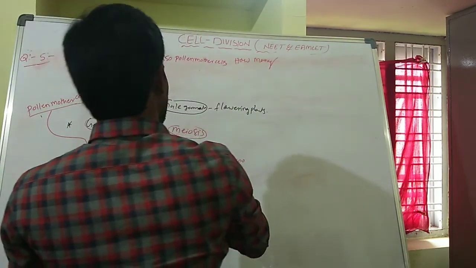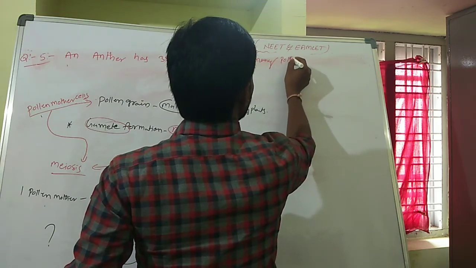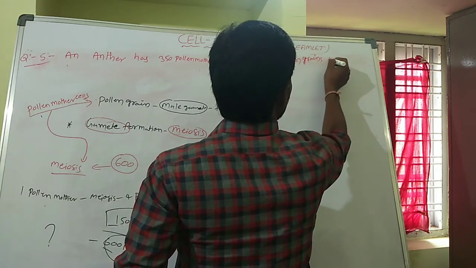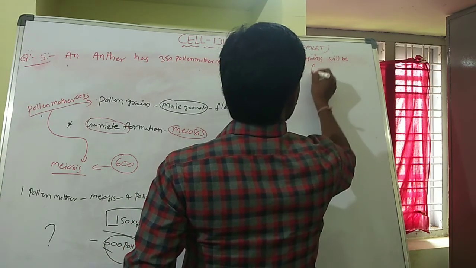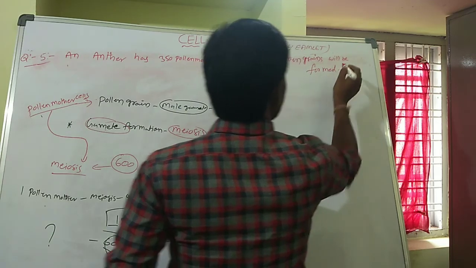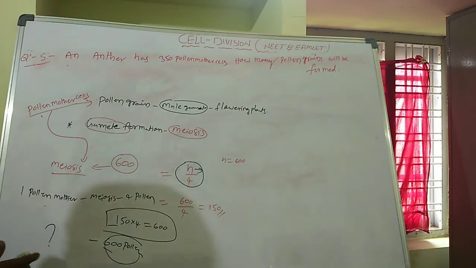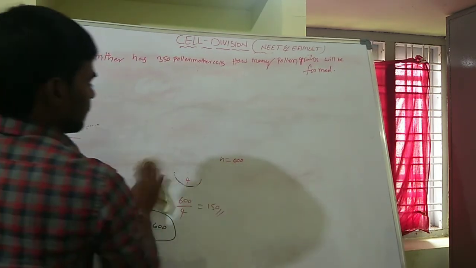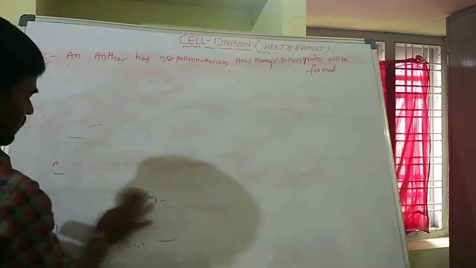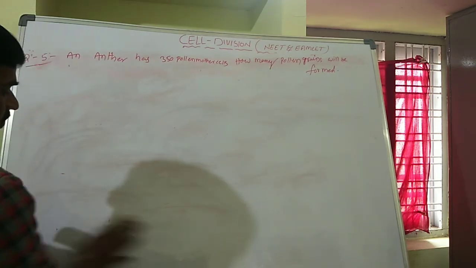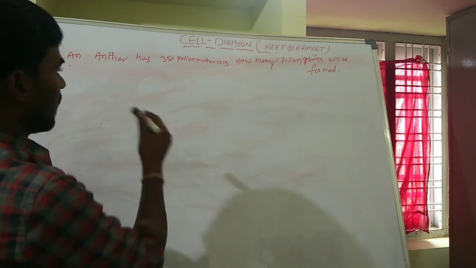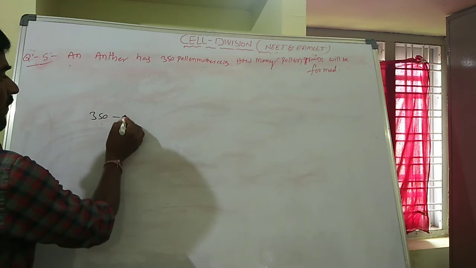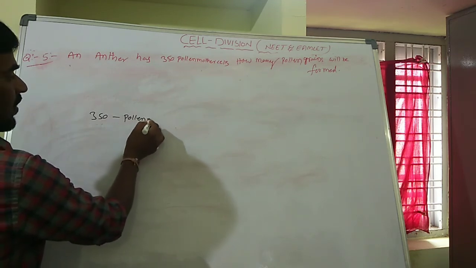How many pollen grains will be developed, will be formed? This is a question. Sometimes you ask like this. For this, same. The number of pollen mother cells is 350. 350 pollen mother cells is given.